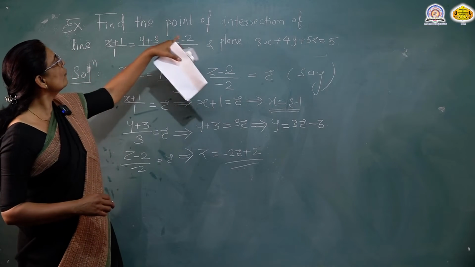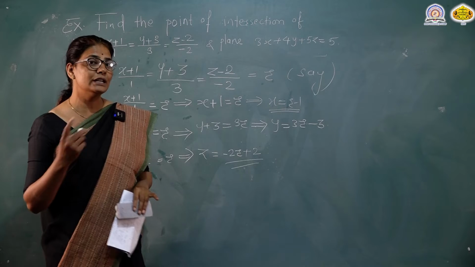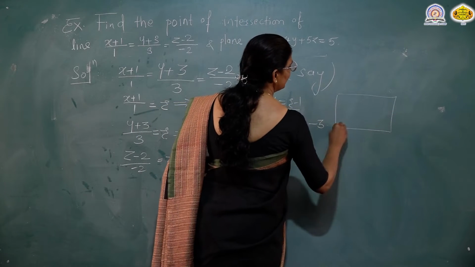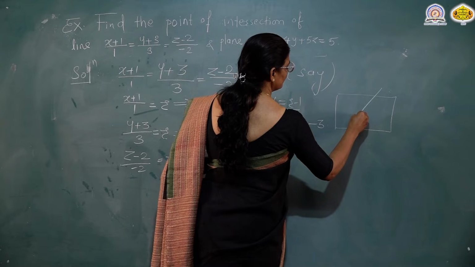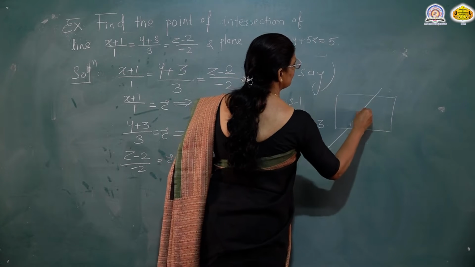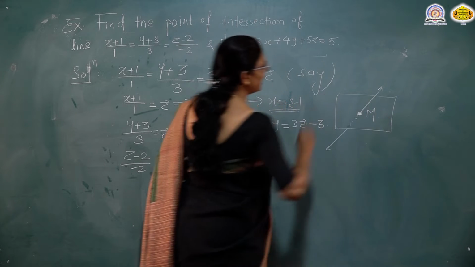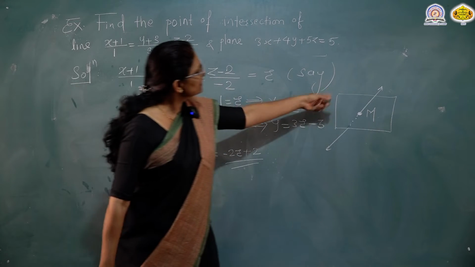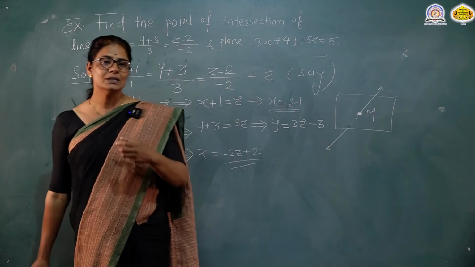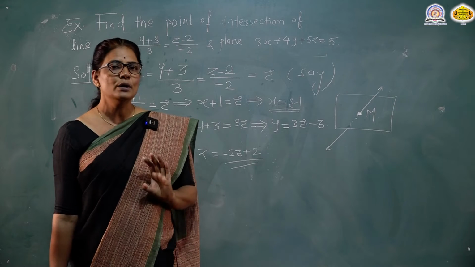Since here we want to find the point of intersection of the line and the plane, in case of intersection of a line and a plane, there is one point of intersection. Suppose this is the point of intersection, we denote it by M. The line intersects the plane, or the plane intersects the line, at point M. They meet each other at point M. So the point M lies on the line as well as the plane.